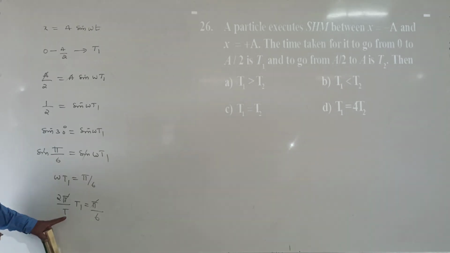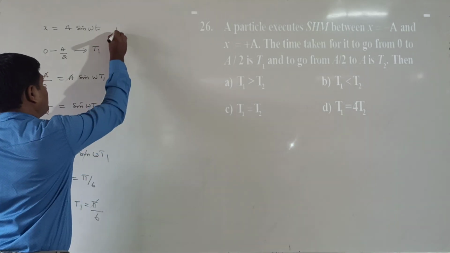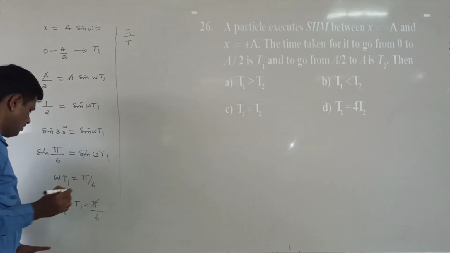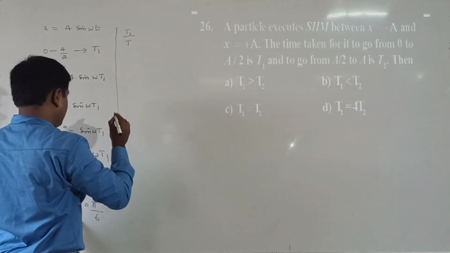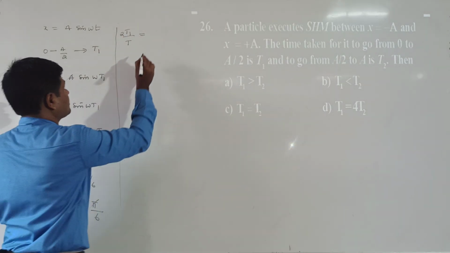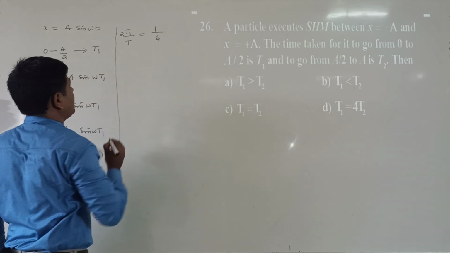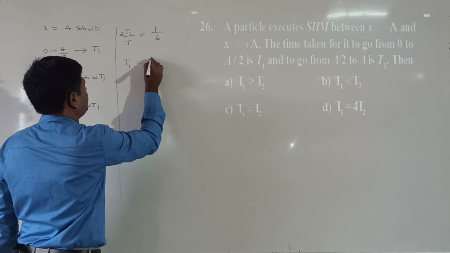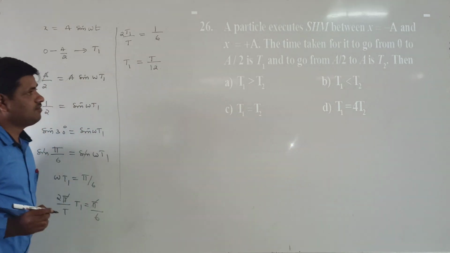From this we get 2 t1 by t is equal to 1 by 6. So t1 is equal to t by 12.